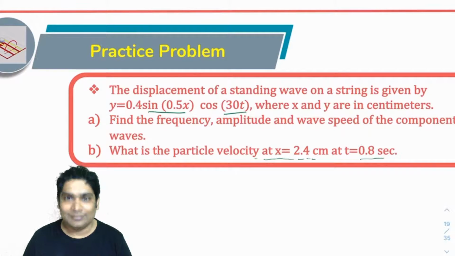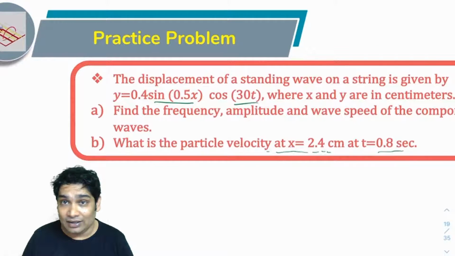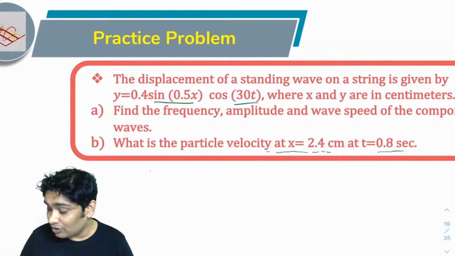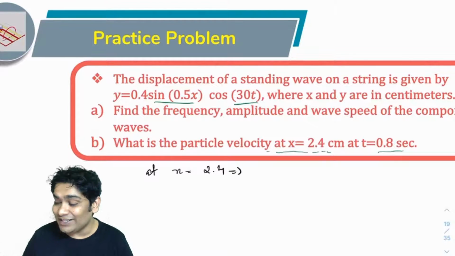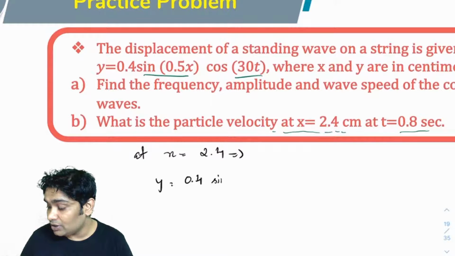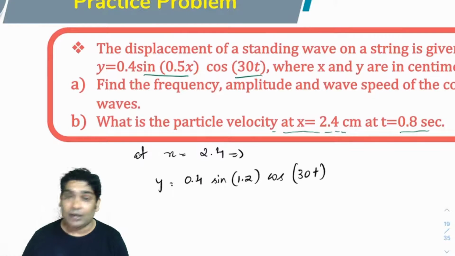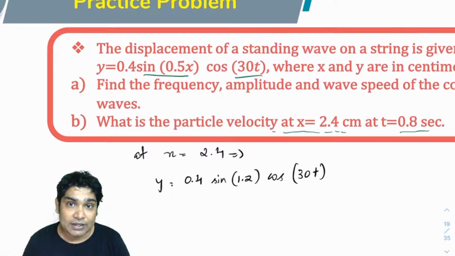All right, so let's find the SHM equation for the particle at x equals 2.4. I'm getting the equation for that particle's motion as 0.4 times sine of 1.2 times cos of 30t. So this is the SHM equation that I have for the particle that is at x equals 2.4.